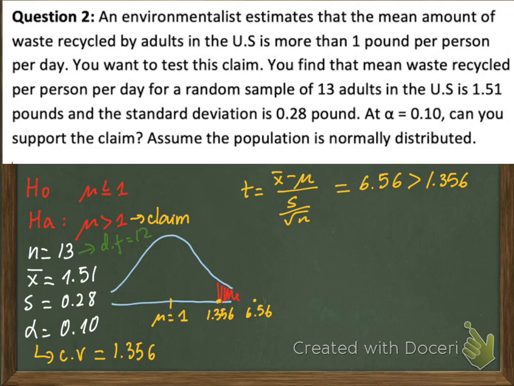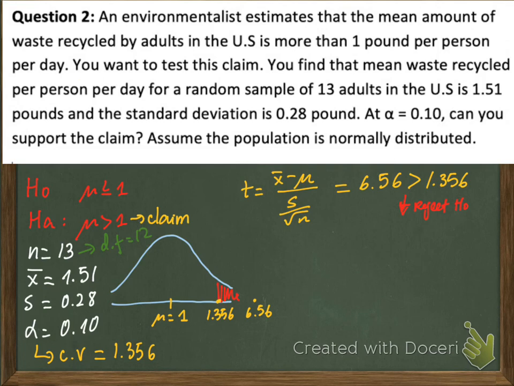And our test statistic is 6.56, which is further to the right, which falls into the rejection region. So we know that the decision is to reject the null hypothesis.